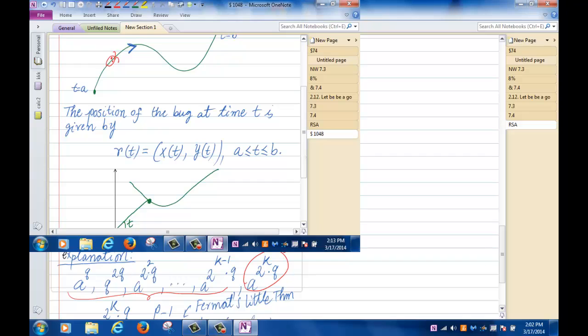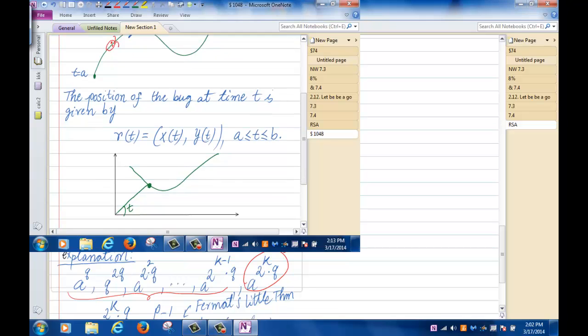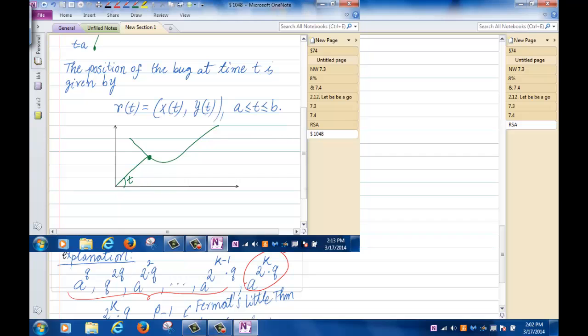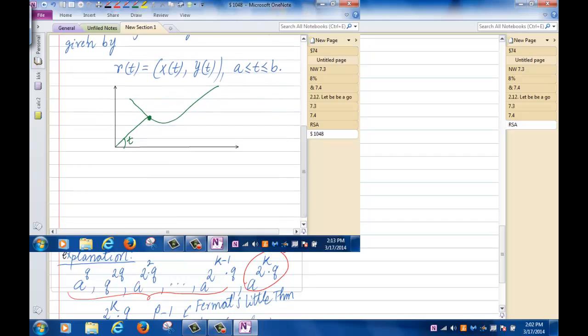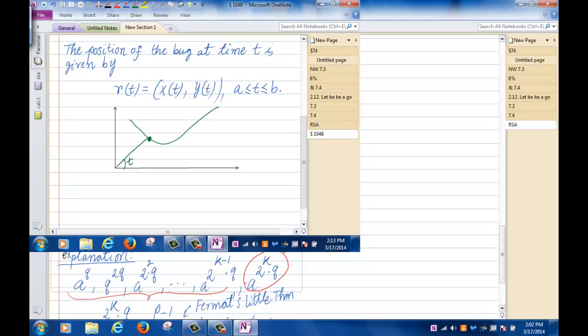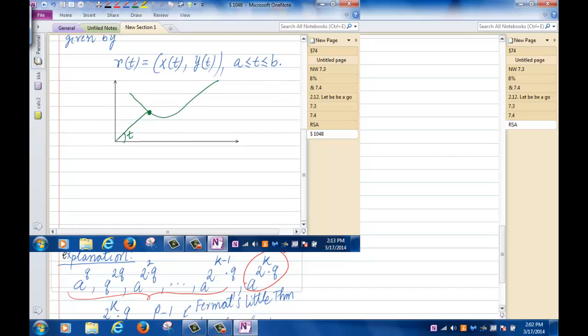So you can imagine applications in studying motions of aeroplanes or satellites or many other things, or the motion of planets, for example. In any case, let's look at a few examples now.